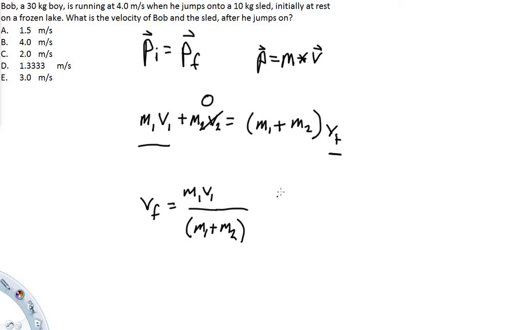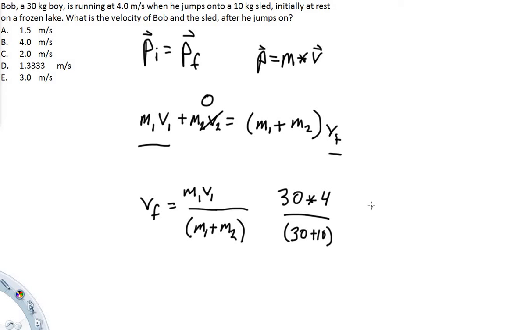And so what we're going to get here is, Bob is 30 kilograms times his velocity, which is 4 meters per second, divided by Bob, which is 30, plus the 10 kilograms of the sled.